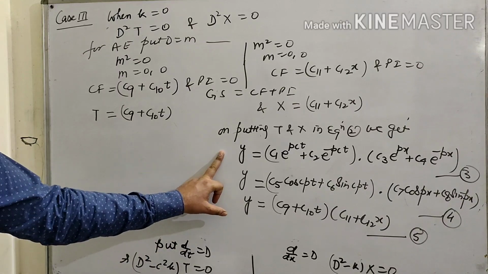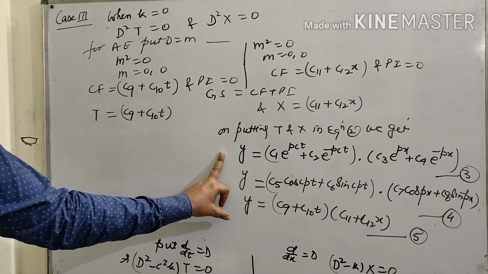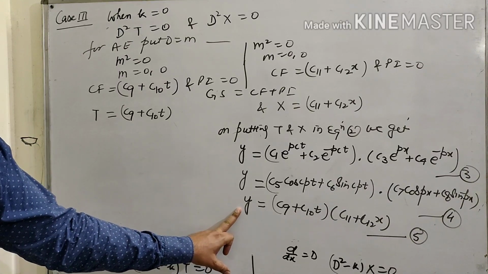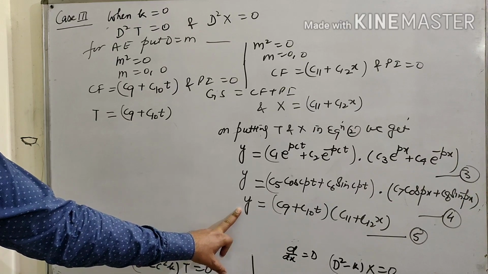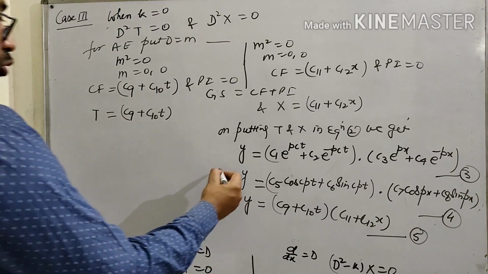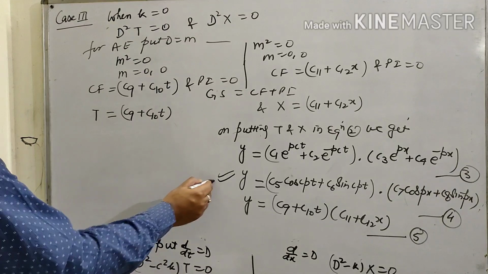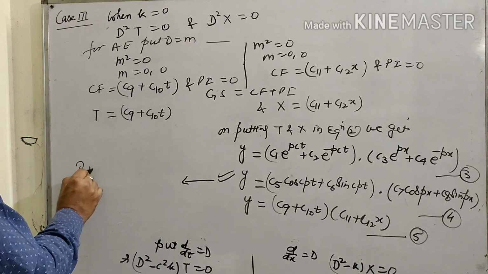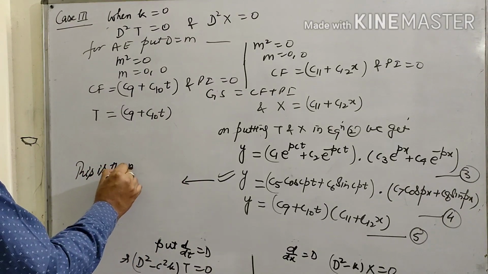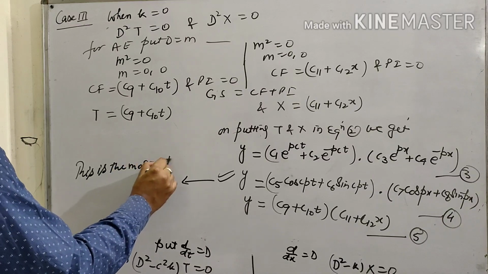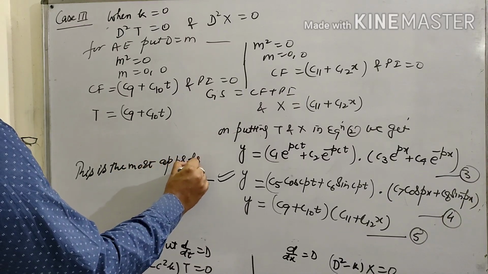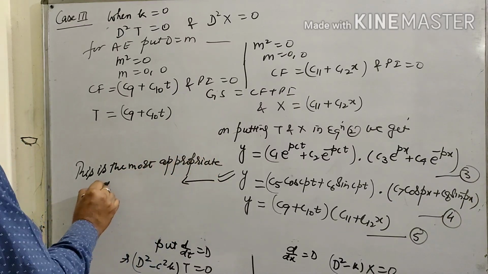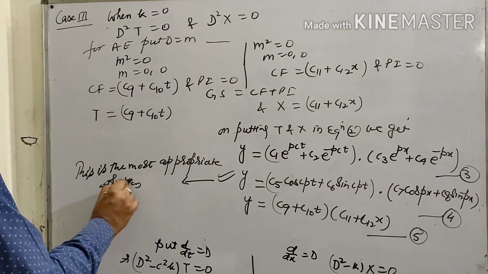So equation number 3 does not include any trigonometric function, and equation number 5 also does not include any trigonometric function. Only equation number 4 includes the trigonometric function. So this is the most appropriate solution for this particular problem.